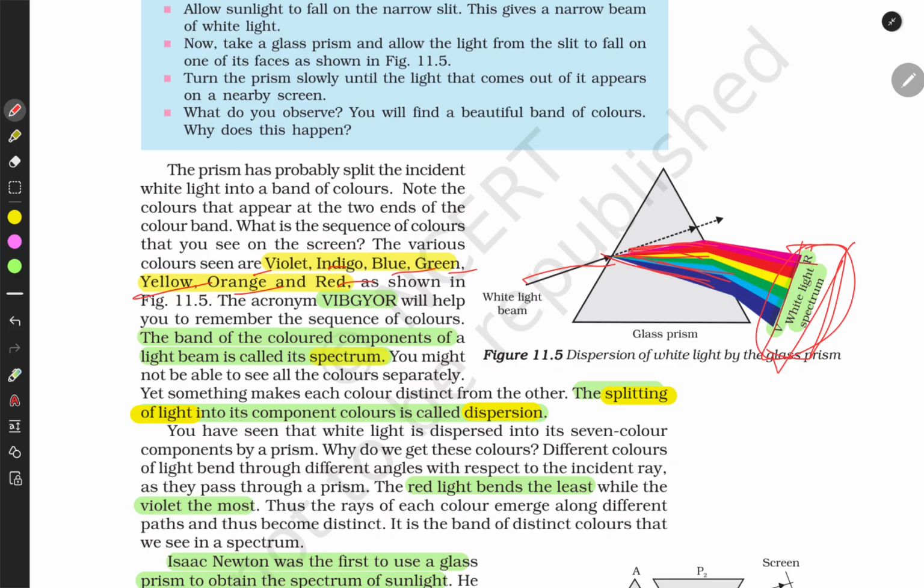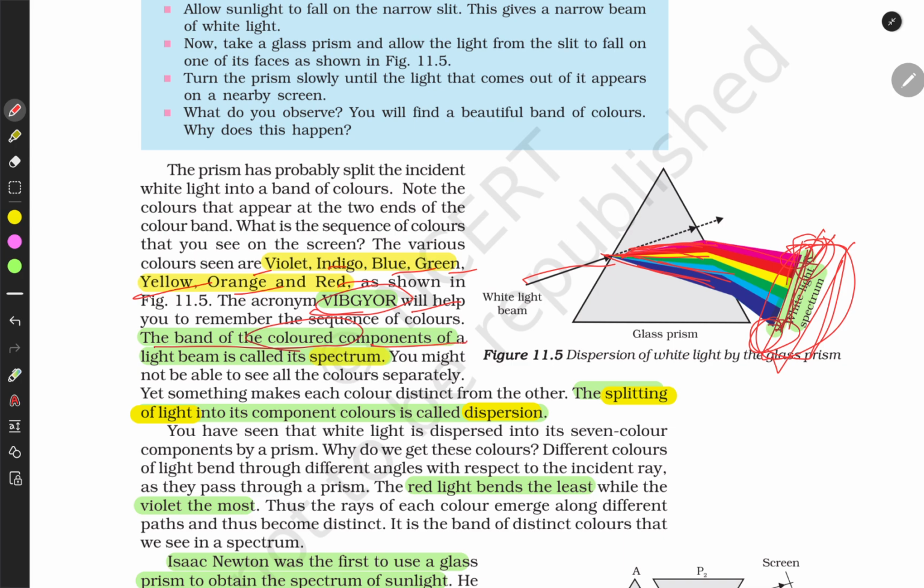Red has the maximum wavelength. Light with a greater wavelength will deflect less, and light with a smaller wavelength will deflect more. So red has the greatest wavelength and violet has the least, and this happens in increasing wavelength order. This order is called VIBGYOR.